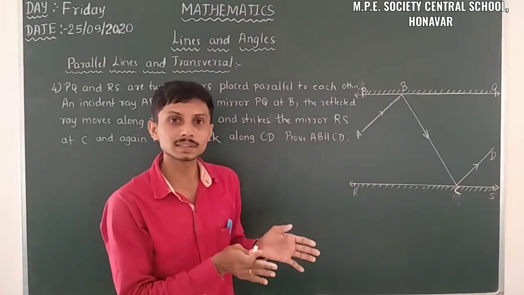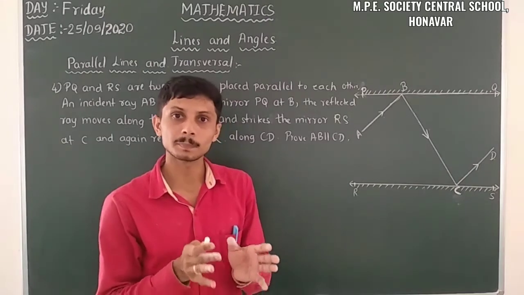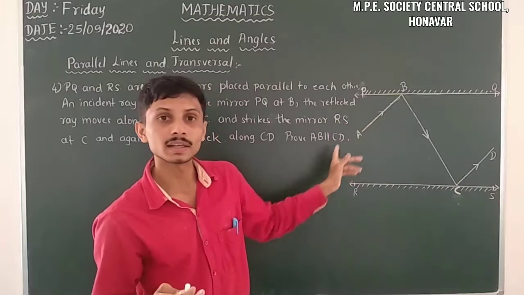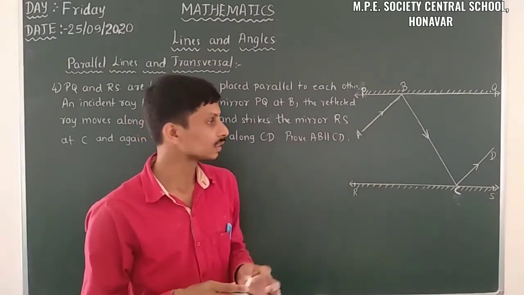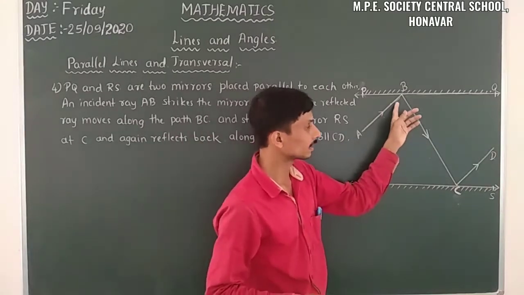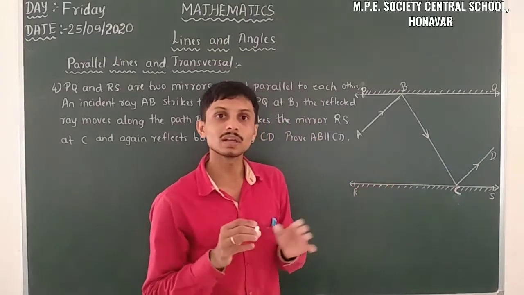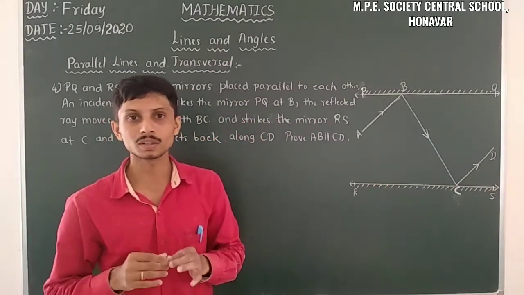Here the mirrors PQ and RS are parallel lines, and a ray is transmitting between them. We have to prove that the ray AB is parallel to the ray CD, using the given quantities.